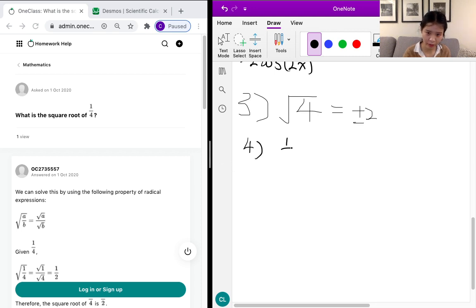So in order to find the square root of a fraction, we would just take the square root of the top number and the square root of the bottom number. From the previous question, we already know the square root of 4 is positive 2 or negative 2. And we know that the square root of 1 is positive 1 or negative 1. So this is what our answer is going to be.